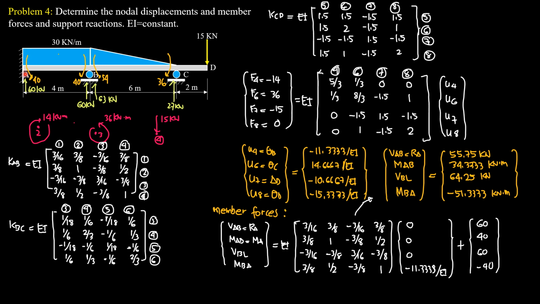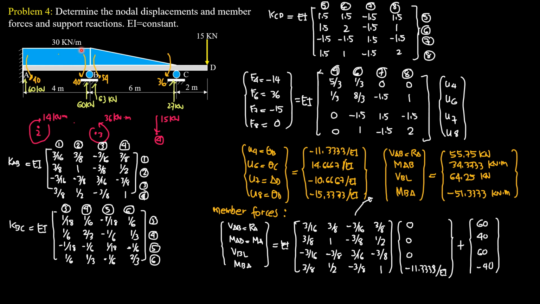So these orange colored values are the fixed moments, and fixed forces also for this yellow-green colored part. For this part, counterclockwise due to the load is a negative moment from slope deflection equations, WL square over 12. 30 times 4 square over 12 is 40.